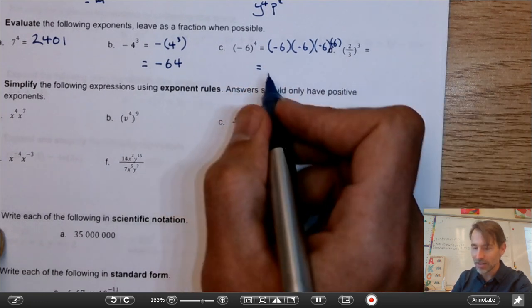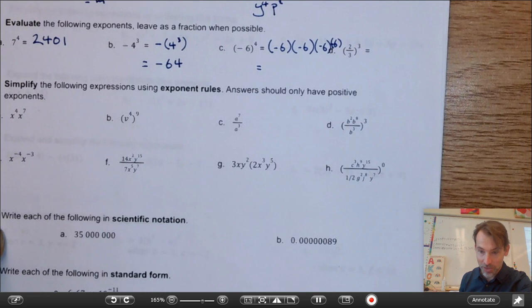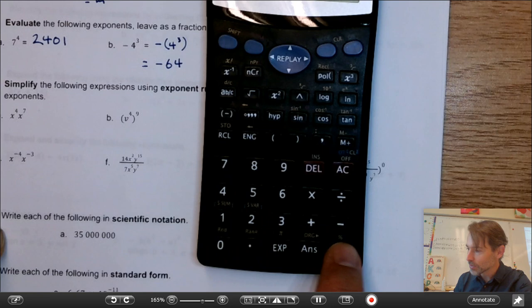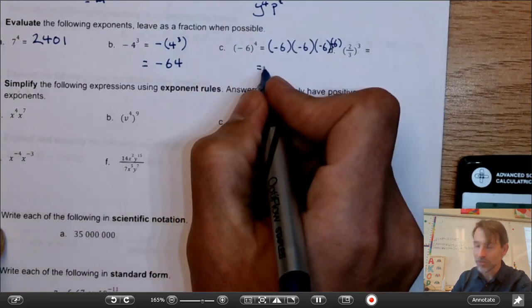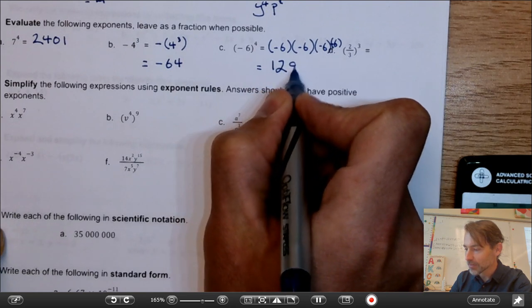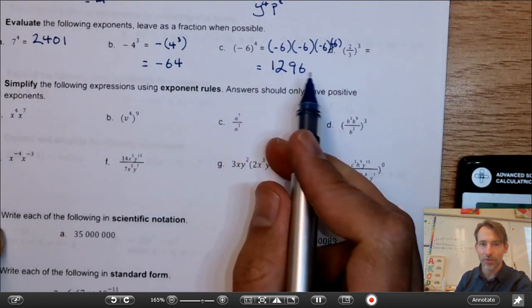So that's just 6 to the 4, but it's positive. 6 to the 3 happens to be 216. Multiply, 1296. So let's see. 6 raised to the power 4 equals 1296. So that's how you do this type of question. Okay, so there's that one.